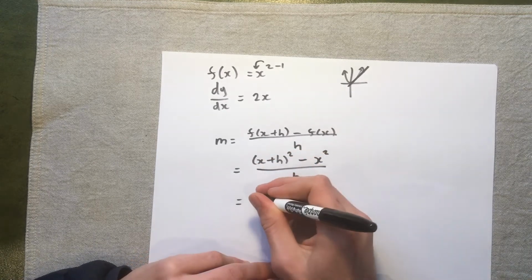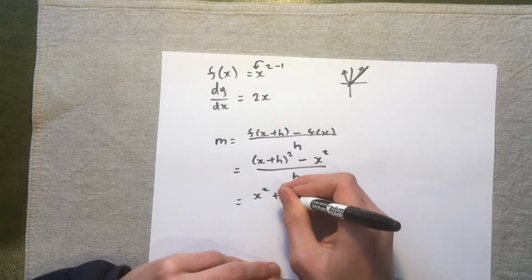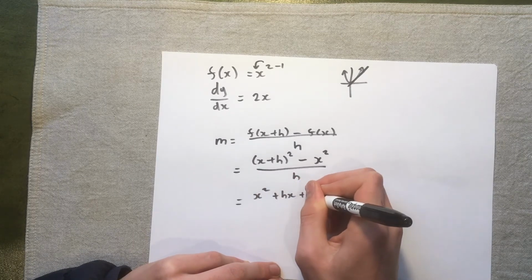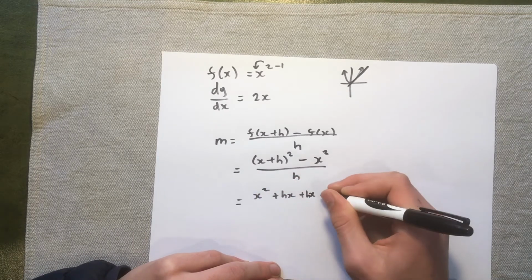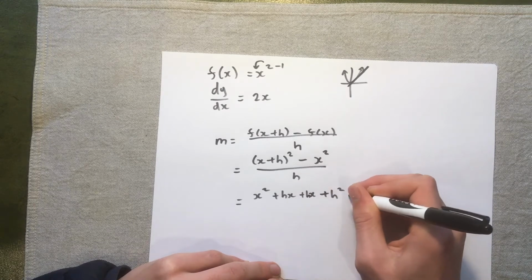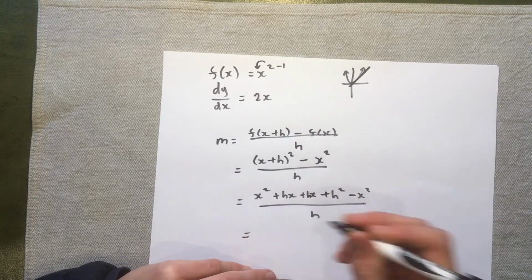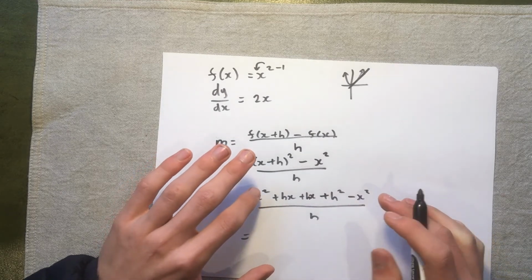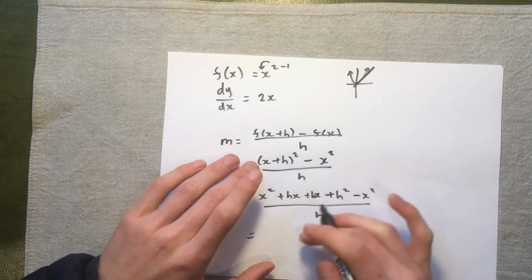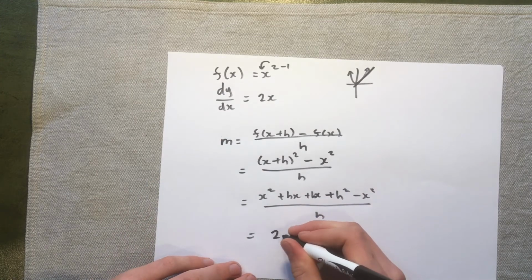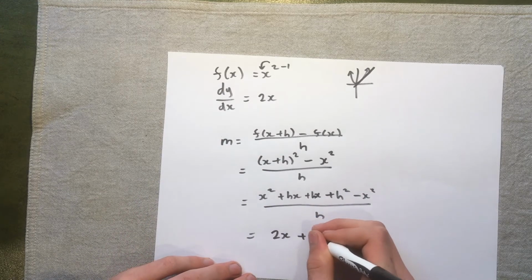If we open up these brackets, we're going to get x squared plus hx plus hx plus h squared minus x squared, divided by h. And if you make this look nice, the x squareds cancel out, these add together, then all the h's cancel. We're going to get 2x plus h.